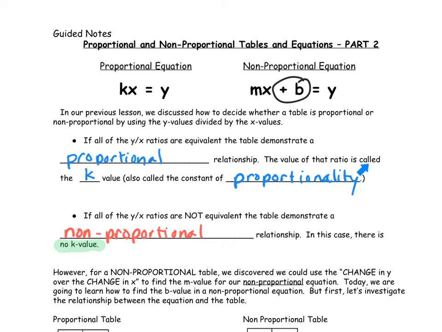The value of that ratio is called the k value, and it's also called the constant of proportionality. If all of the y over x ratios are not equivalent, the table demonstrates a non-proportional relationship. In this case, there is no k value.